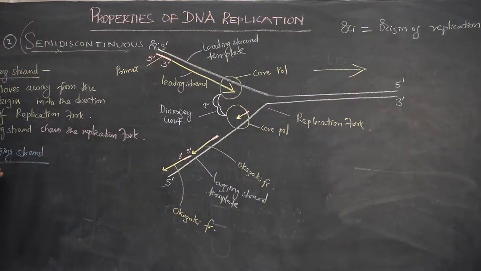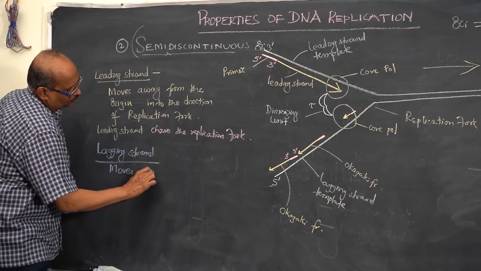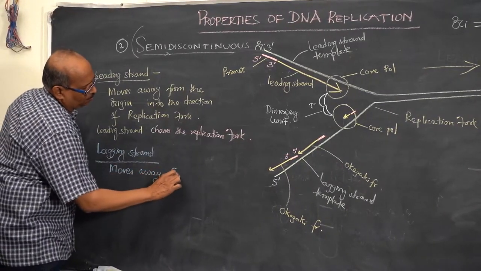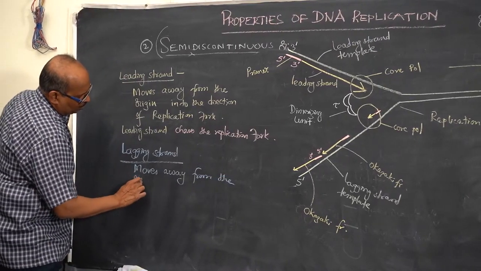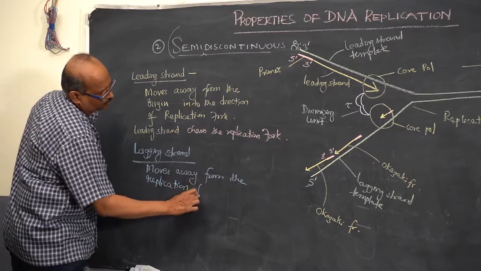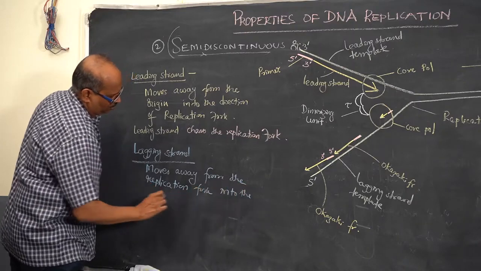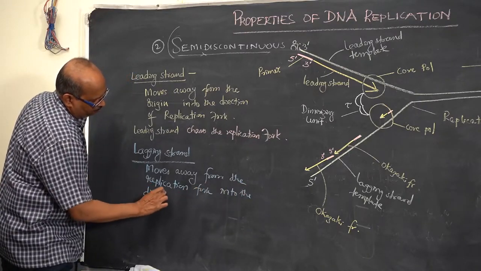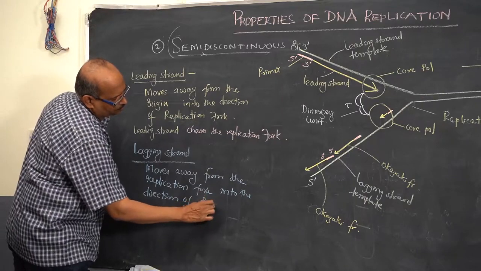So it moves away from the replication fork into the direction of the origin.